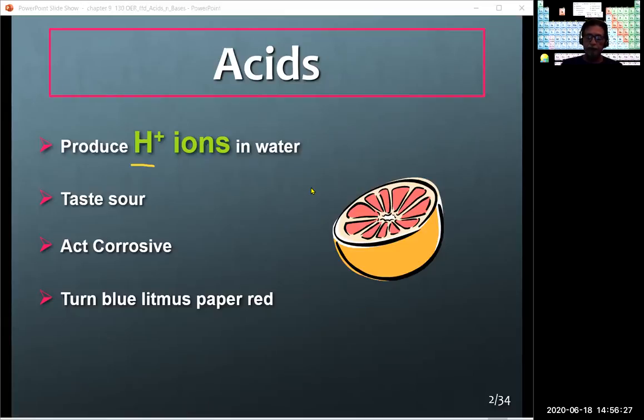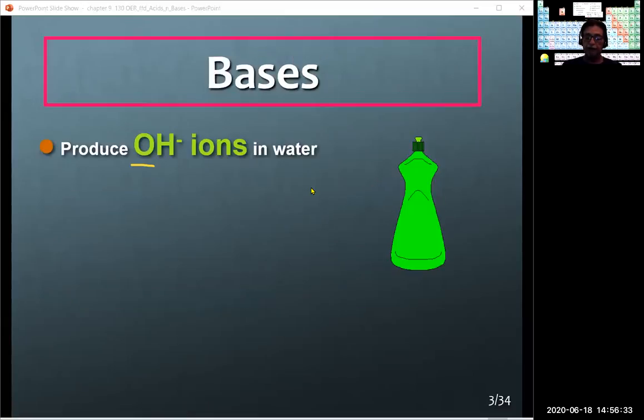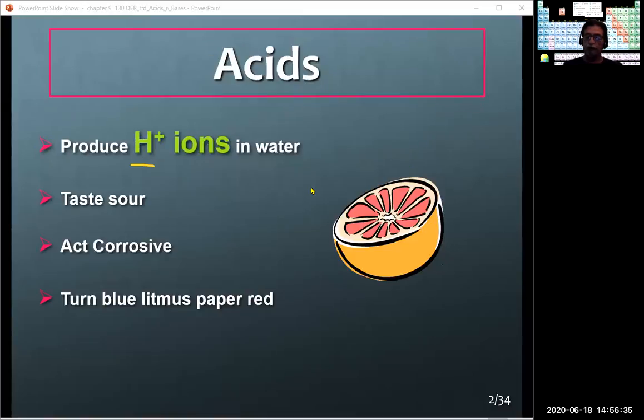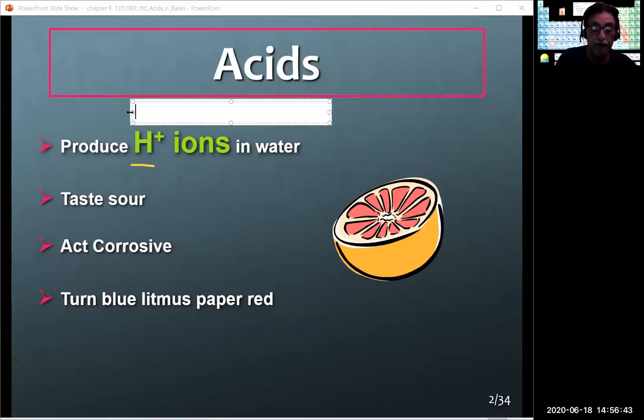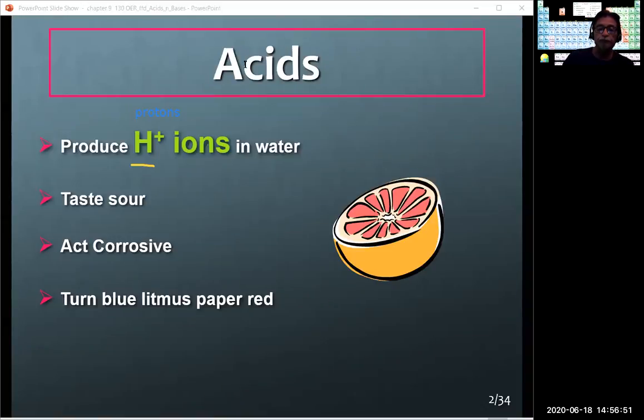If you put that blue litmus paper in and it stays blue, then it's basic. Nothing happens. It's not acidic. All right, so these are called protons. It's a hydrogen atom that has lost its valence electron.